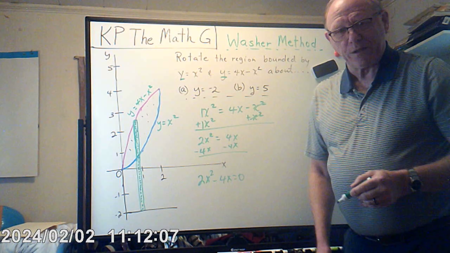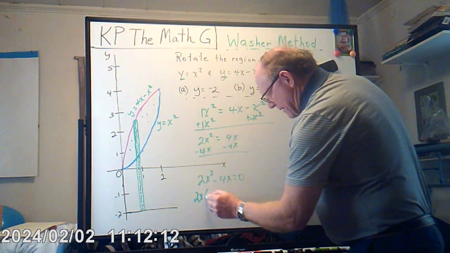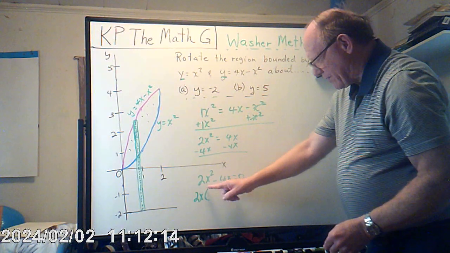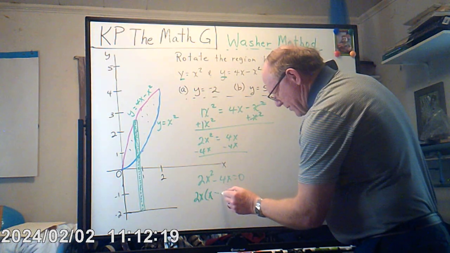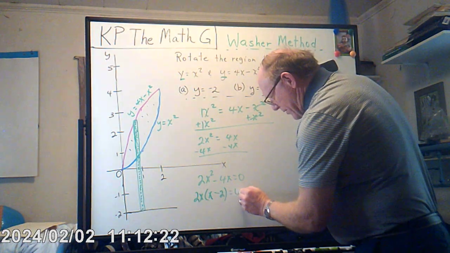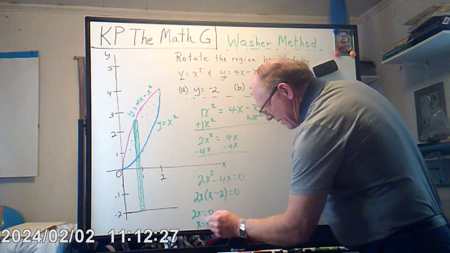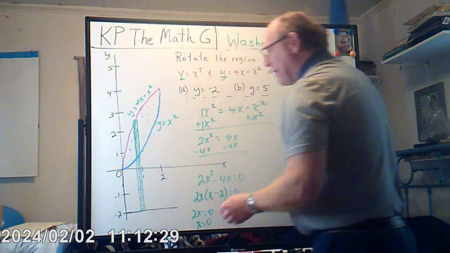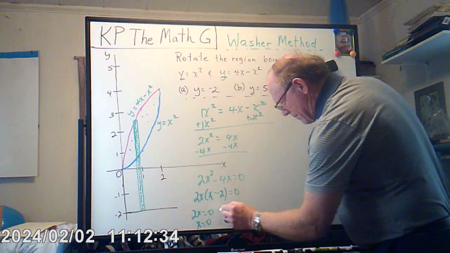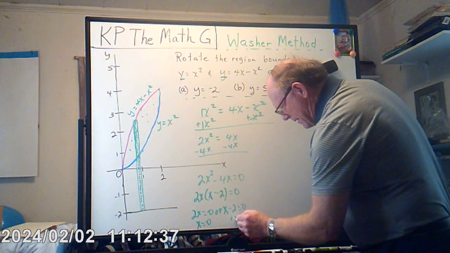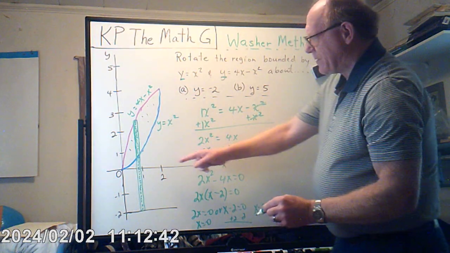Then of course you would have to solve that, so you can take out a common 2x, leaving x minus 2. So 2x equals 0, which means x is 0, and we already know that. Or x minus 2 equals 0, so x equals 2. And we know that too just by looking.